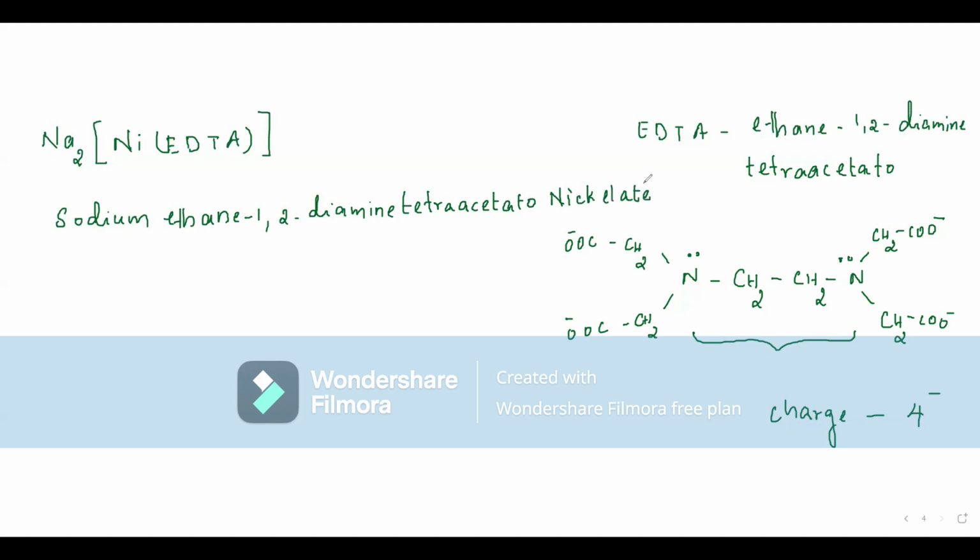Okay, nickelate, not required to write the capital letter N. Ignore that. Small n is enough. Now the charge. +1 due to sodium, -4 due to EDTA, X. So 2 sodiums are there, +2 plus X -4 is 0. X -2 is 0.